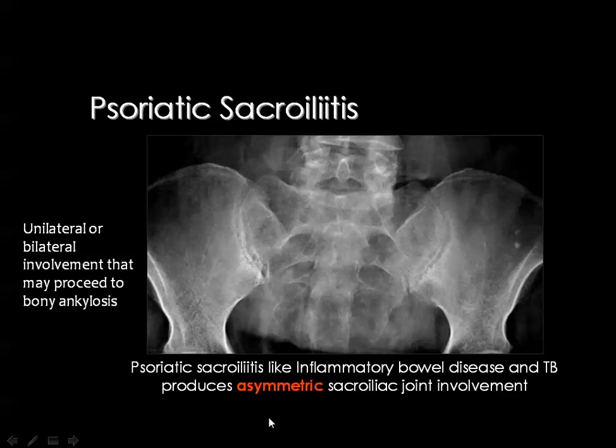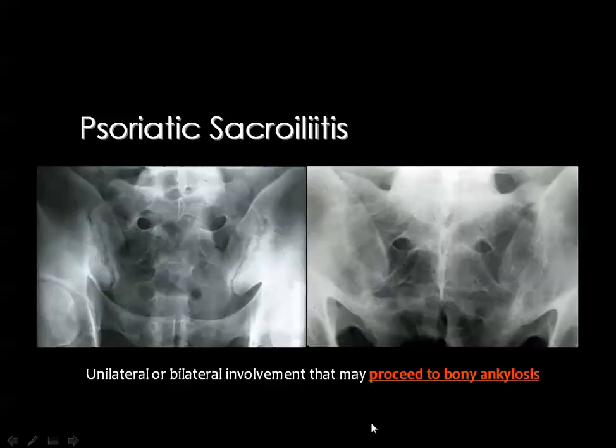The affection is usually asymmetric compared to that of ankylosing spondylitis, which is usually symmetric. And you get narrowing of the joint space, irregularity of the articular surfaces, and bone sclerosis of the articular surfaces of the joints. You know that this psoriatic sacroiliitis may proceed to complete bony ankylosis.